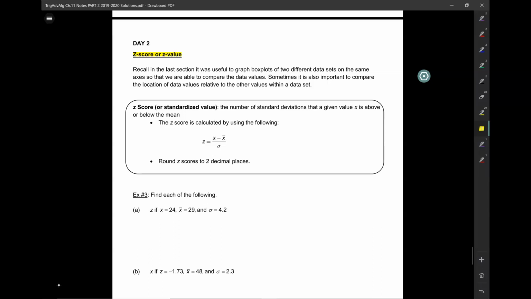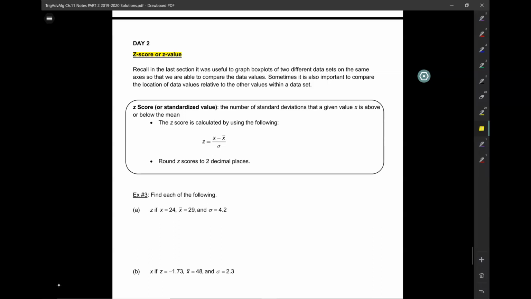All right, so recall, normally until now we were using box plots in order to compare two different sets of data values, right?